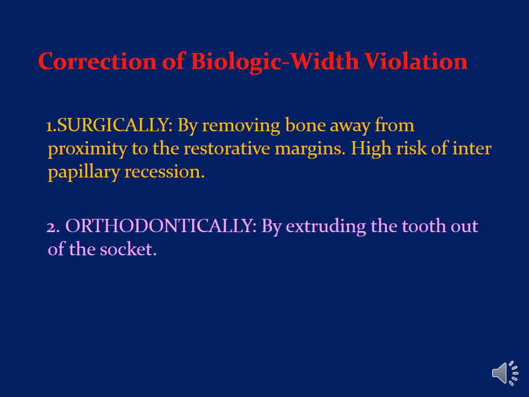In this case, we either use a flap or surgery by using crown lengthening, and there is a high risk of interpapillary recession. You should put this in your consideration. While orthodontically, by extruding the tooth out of the socket using an orthodontic appliance.